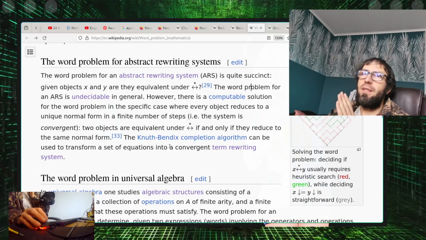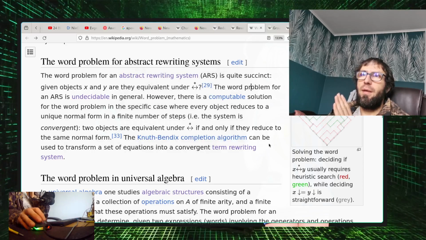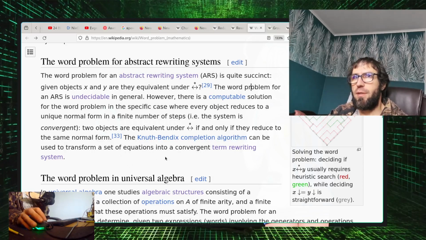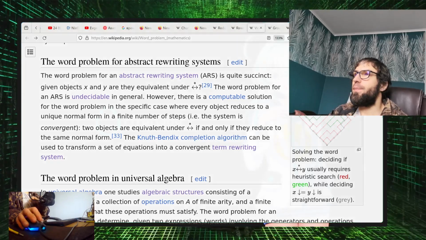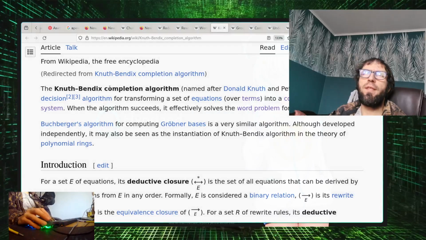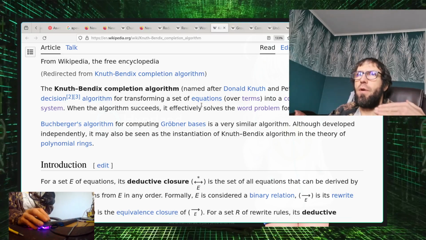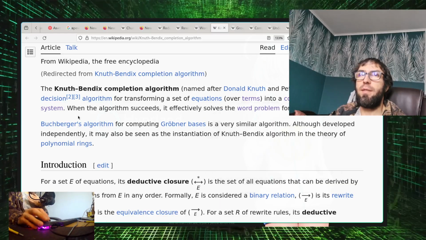And there exists the Knuth-Bendix completion algorithm, which can be used to transform a set of equations into a convergent term rewriting system. So this algorithm can transform a set of equations or terms into a confluent term rewriting system.